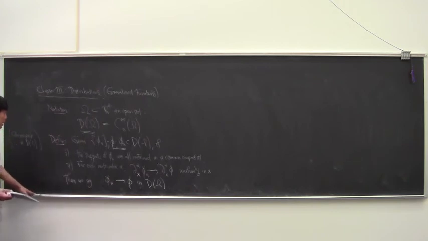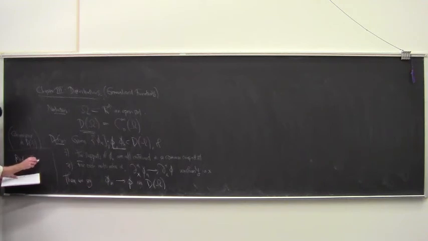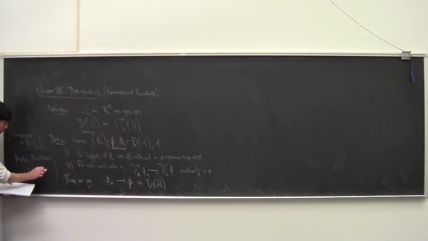If you want to see the topology, and this was one route that I considered taking in this course, but it would be sort of like a huge detour. If you want to see that topology, go look in Rudin's functional analysis, page 153, theorem 65.